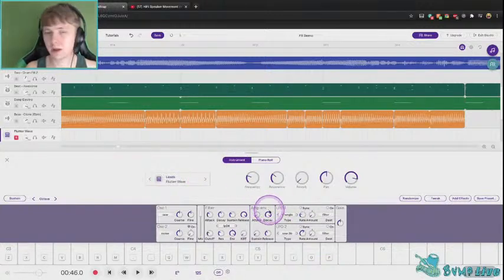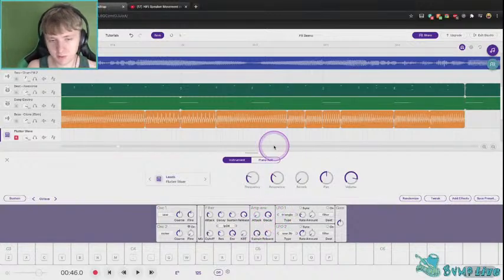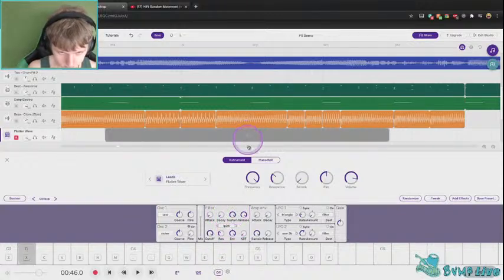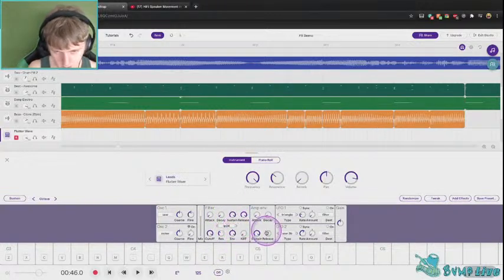Let's have just the waveform, no modulation on it. Full sustain. We want no filter motion, and no LFO happening.